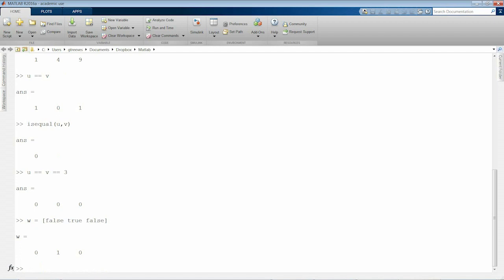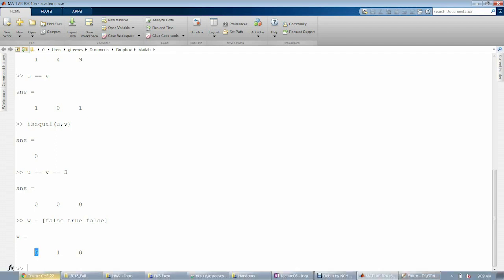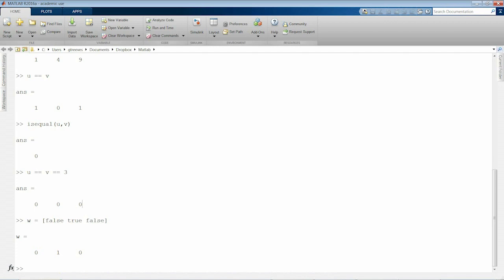And then when I hit enter, it tells me w is 0, 1, 0. So why did I say false, true, false instead of just 0, 1, 0? Because it's a little bit weird. But this 0 here, the first element of w, that 0, it's not just a 0. It's a logical 0. That 0 there is not just a 0. It's a logical 0.